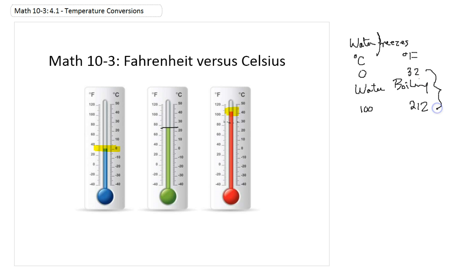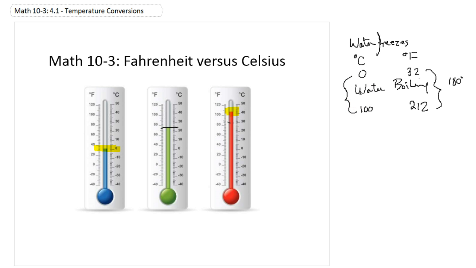So you can see that the difference of 100 degrees in Celsius is a little less than 100 degrees in Fahrenheit. So 212 minus 32, let's just subtract those out. Yeah, it's 180. I didn't want to make a mistake. So the difference there is 180 degrees to our 100 degrees.